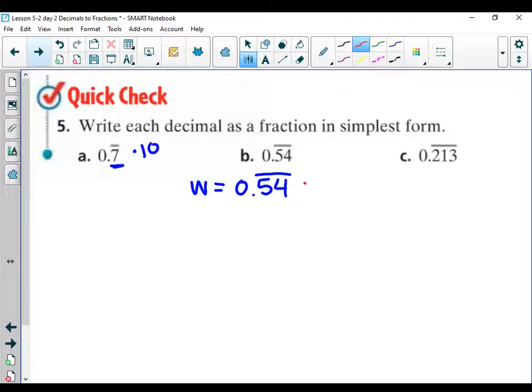On 0.54, I'm going to use 100 because two numbers repeat. We can already predict the next one, times 1,000, because three numbers repeat.